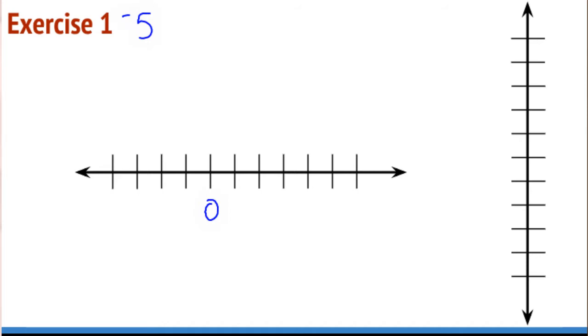Now some students would stress out and say, oh, that's not the very center of the number line. That's okay. The thing about the number lines is they go forever in both directions. So if I need to, I can add more lines off to the sides. They just keep going.